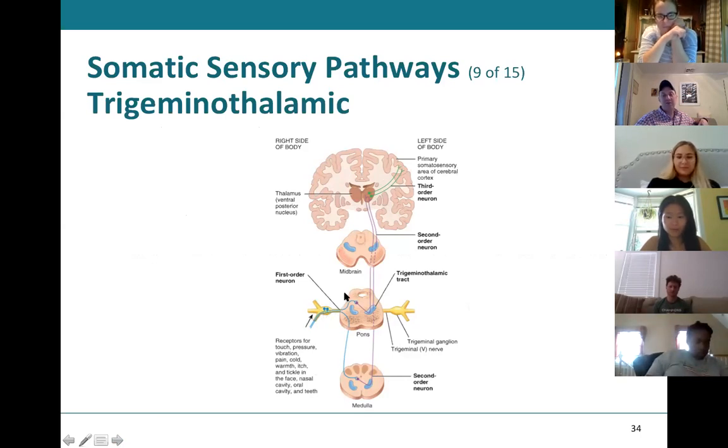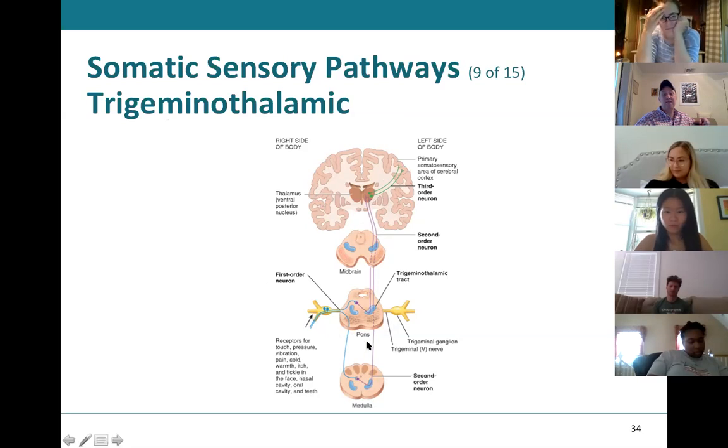A subset of them can travel directly to the pons and then ascend here. A subset of them will also descend down to the medulla. Okay, so this is one of those great little trick questions where the trigeminal thalamic pathway uses both the pons and the medulla to send information up to finally get to that thalamus here.